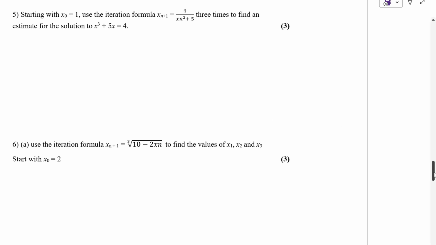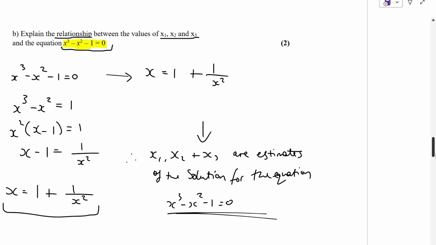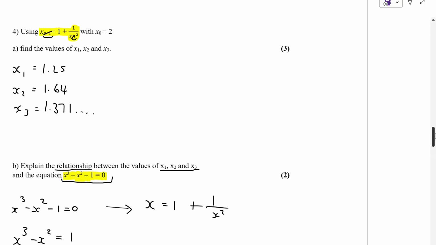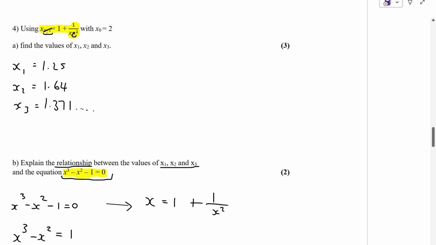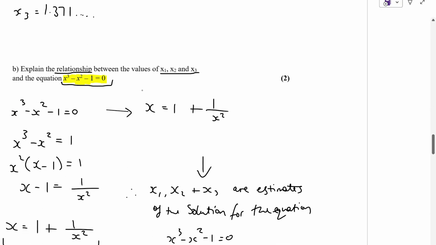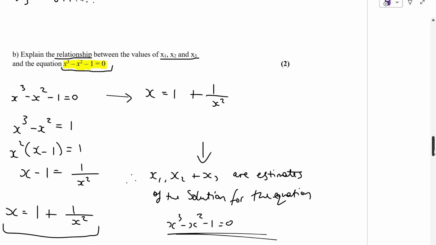And for the question we just looked at, if you see a question talking about explaining the relationship, that basically means that this equation that they've given you is a rearranged version of the iteration formula they give you in part A. So you just have to rearrange, show that these two are equal, and x1, 2, and 3 are estimates of the solutions. Okay.